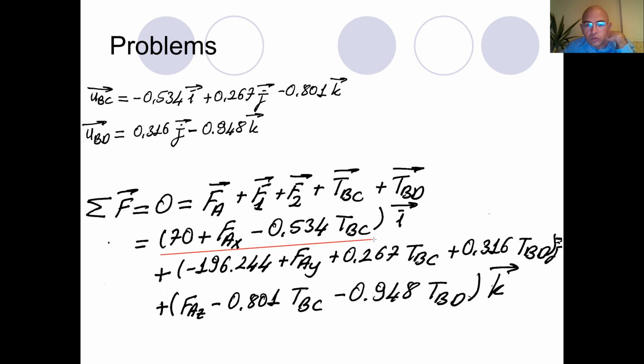So this has to be equal to 0. This has to be equal to 0. And this has to be equal to 0.